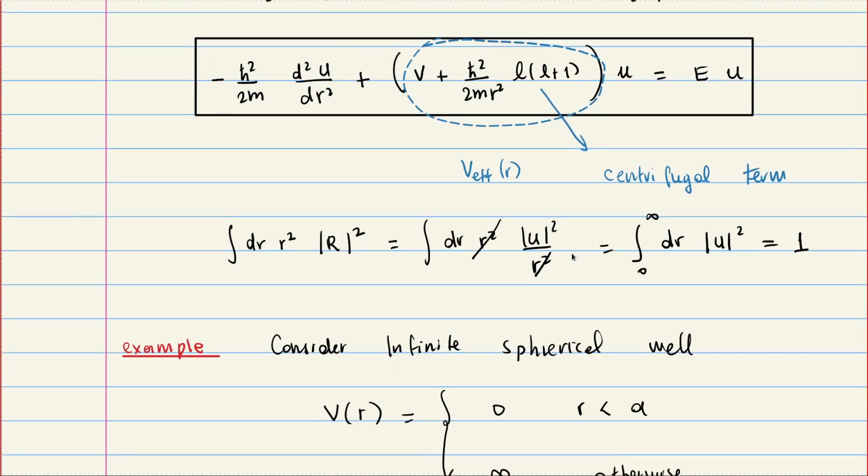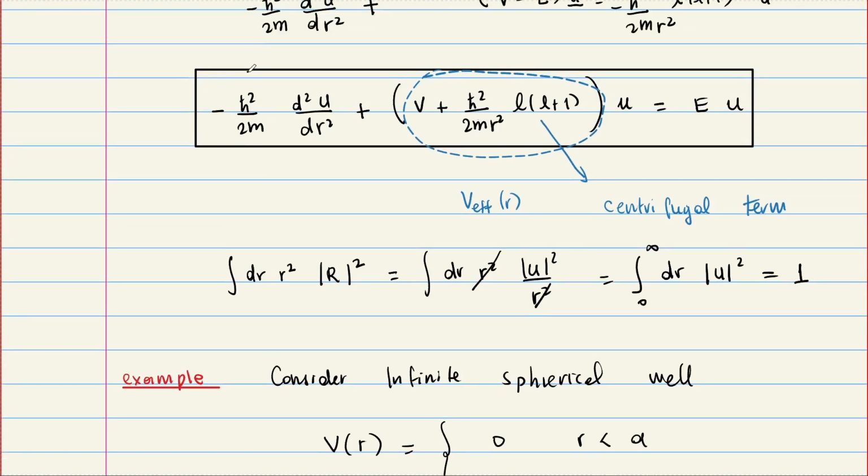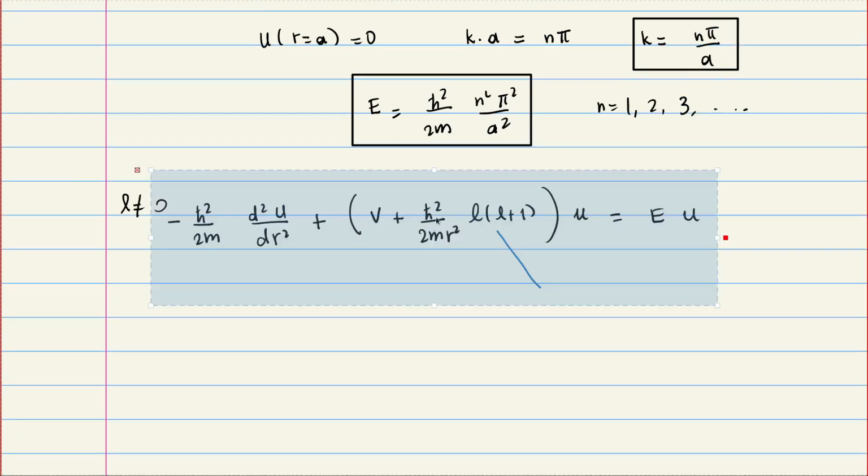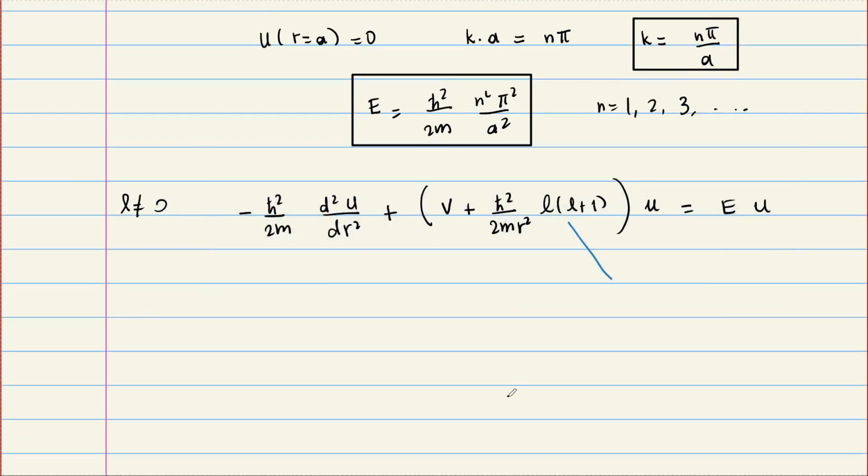The difficult one is going to require us to think about this L. So let's take this. This is the solution, and this is the differential equation, with V equal to 0.